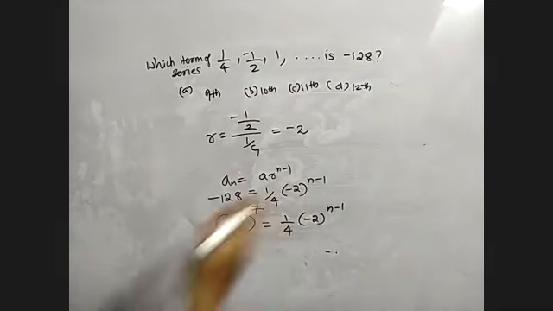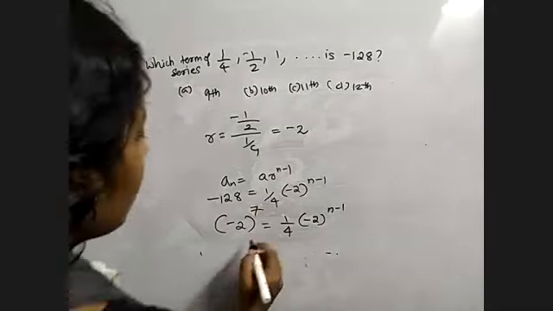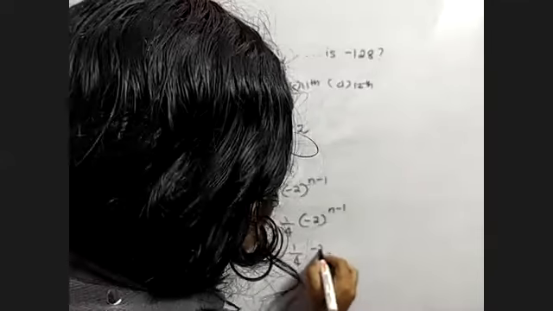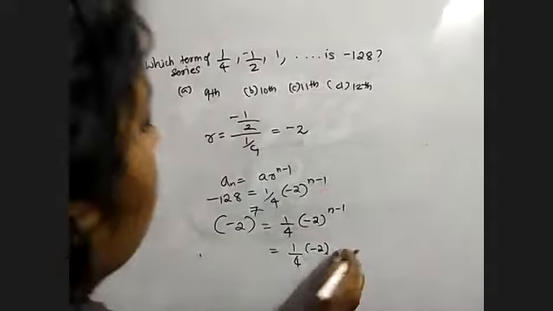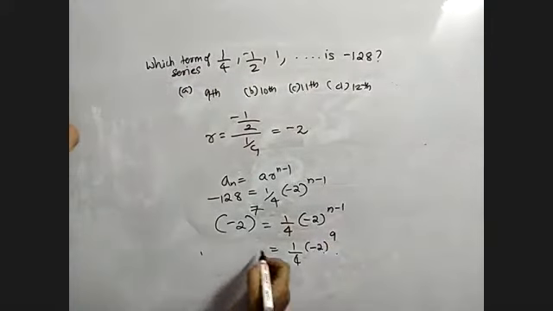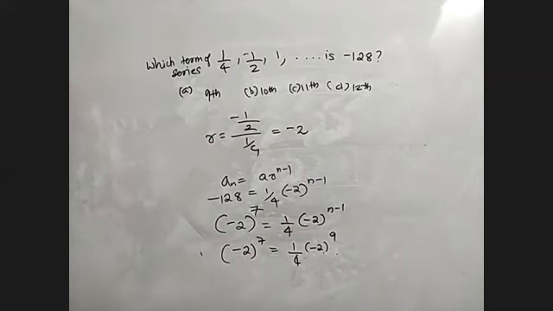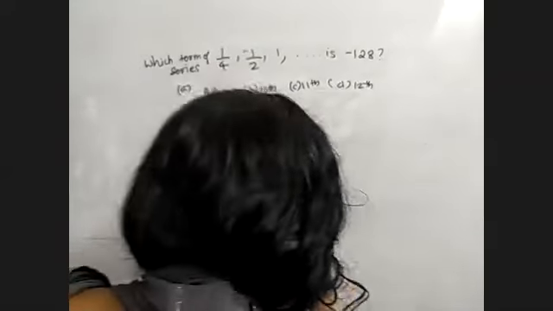Here you have minus 2 raised to 7. So put 1 by 4 into minus 2 raised to 10, which means you'll have 9, minus 2 raised to 7. Okay.